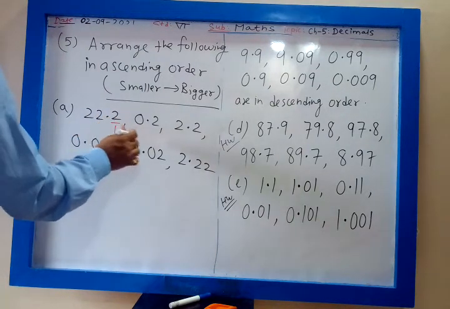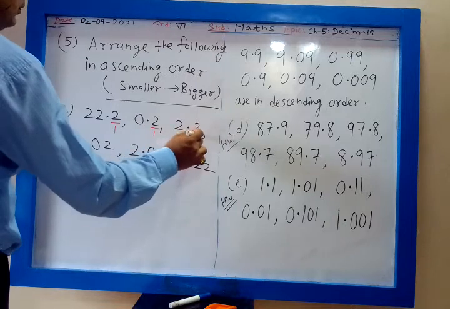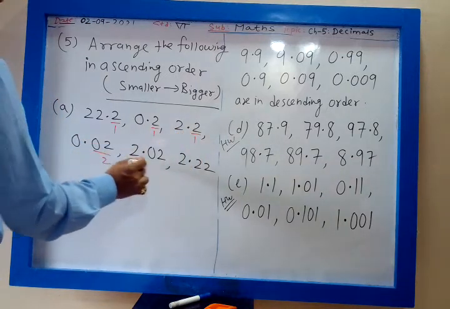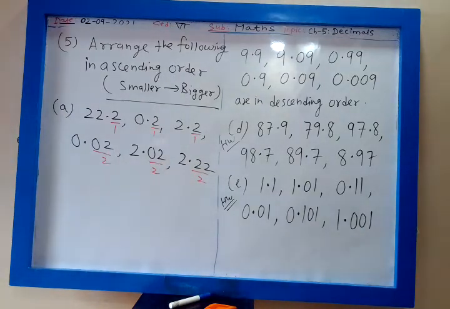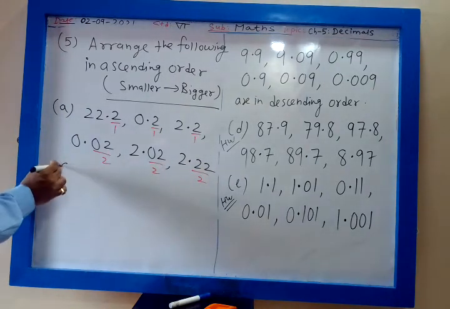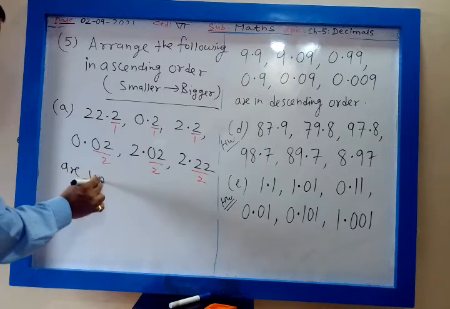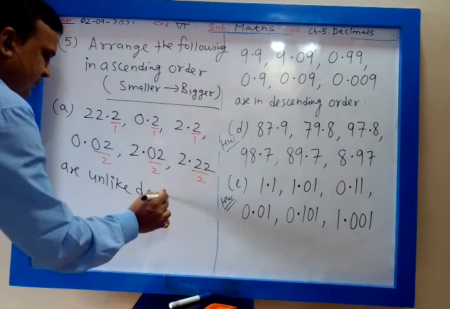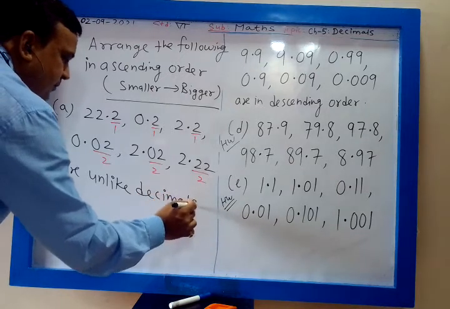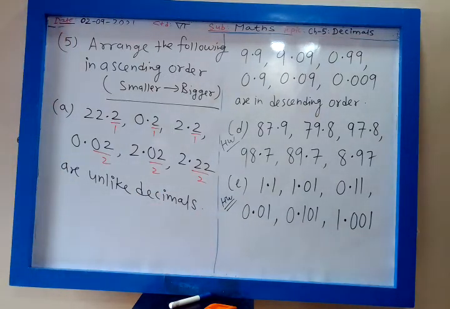Number of decimal places 1, 1, 1, 2, 2, 2. They are not equal number of decimal places. So they are unlike decimals. Okay. So you convert them into like decimals. Which is the maximum number of decimal places, my dear? 2.